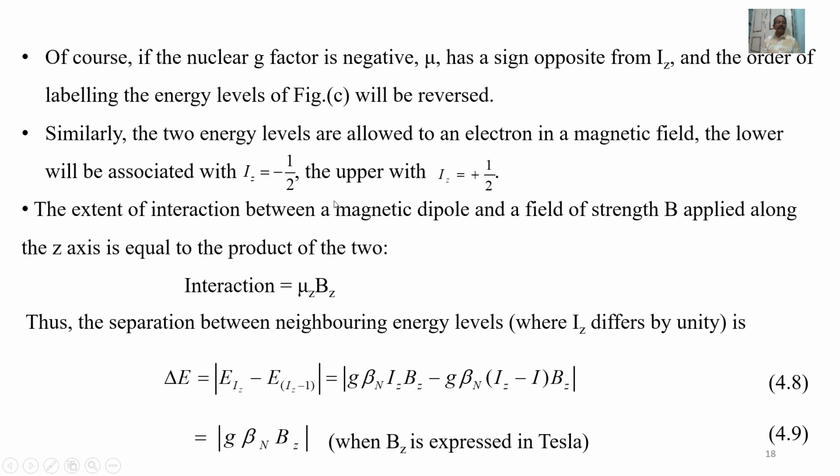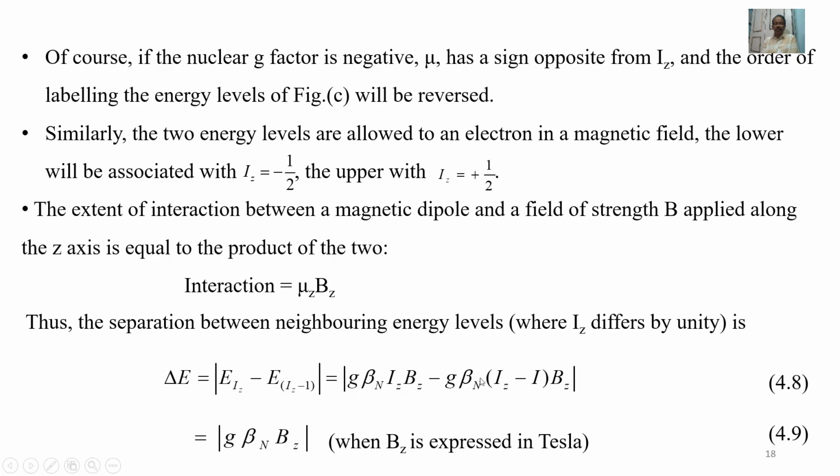The extent of interaction between a magnetic dipole and the field of strength B applied along the z-axis is equal to the product of these two, mu z and Bz. Thus, the separation between the neighboring energy levels, that is where Iz differs by unity, is given by delta E, which is equal to E(Iz) minus E(Iz-1), so the lower level to the immediately next upper level. So the expression for E(Iz) is given by this, and the expression for E(Iz-1) is given by this.